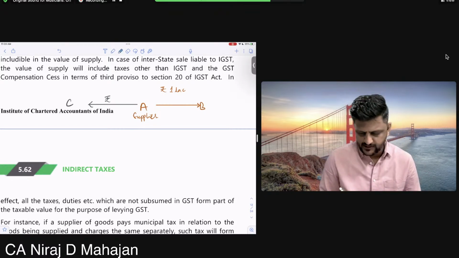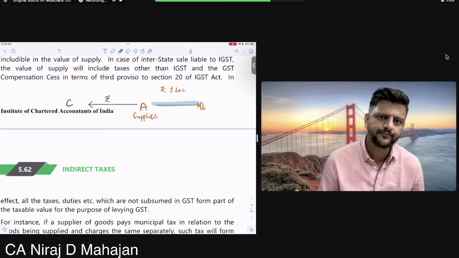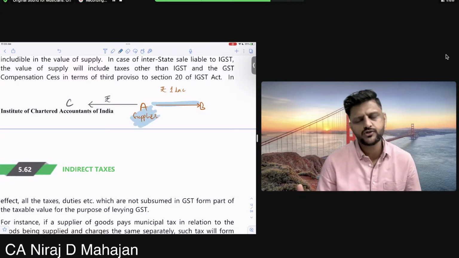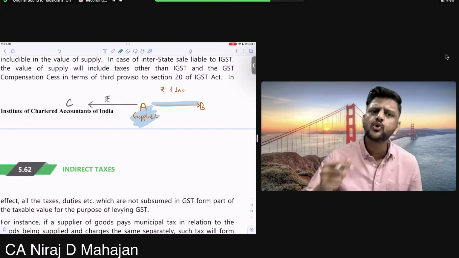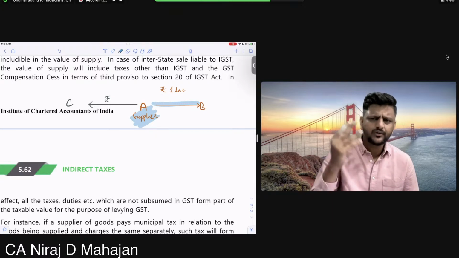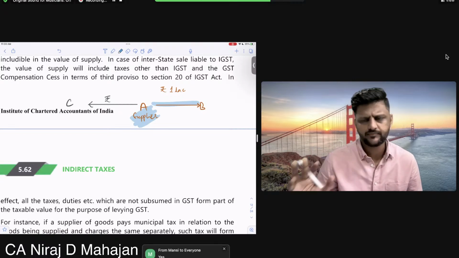In relation to this supply from A to B. Who is the supplier? A is the supplier. He's giving some goods or services to B. So B is going to make payment to A of rupees 1 lakh. All of you okay till here? And out of that 1 lakh, A is going to make some payment to C. Fine?